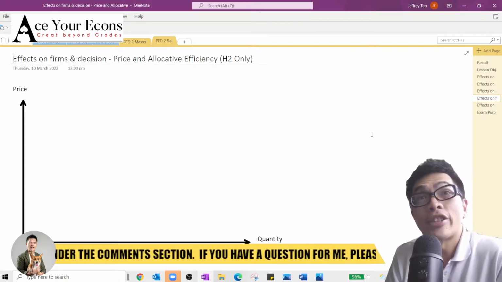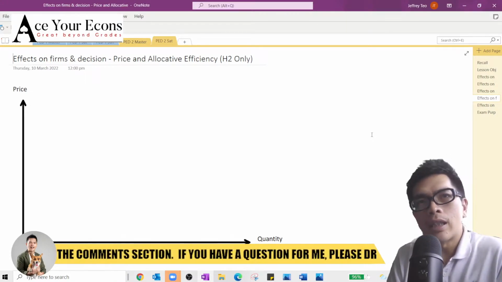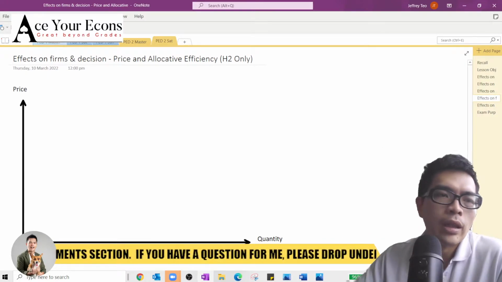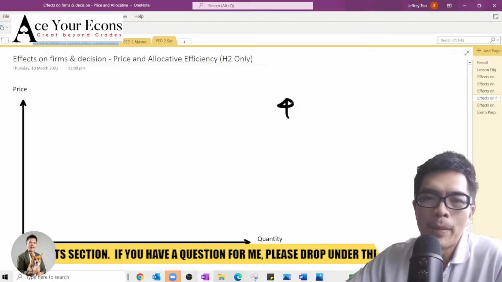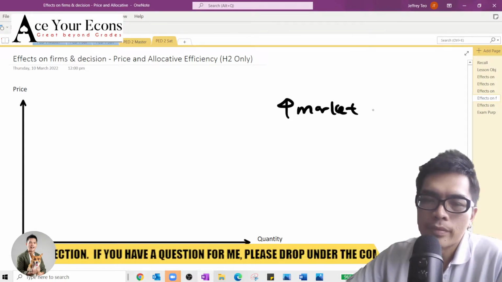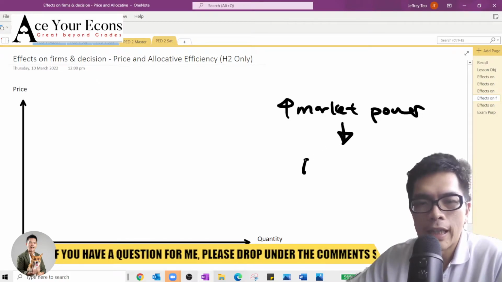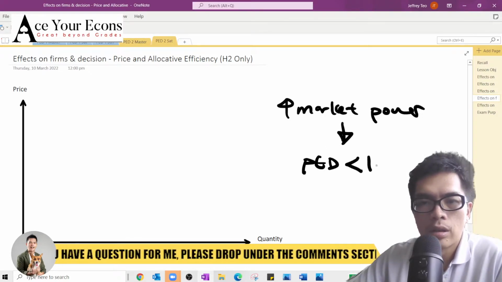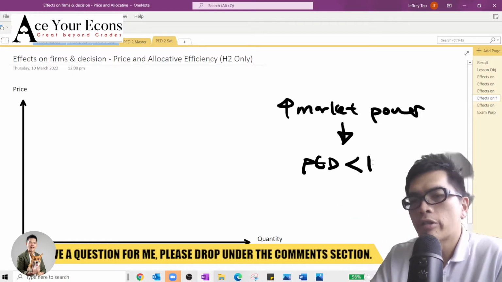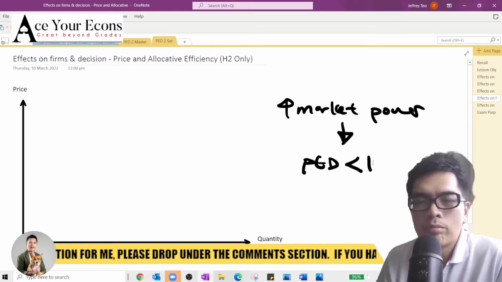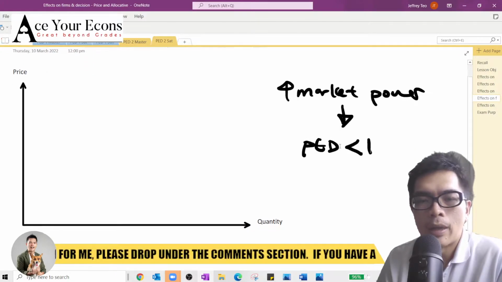Firms and decision. So I just need you all to make a mental note that firms with higher market power will experience a more inelastic demand curve. In the future, we'll be learning the concept of market power. What are the profiles of firms that exhibit a higher market power?